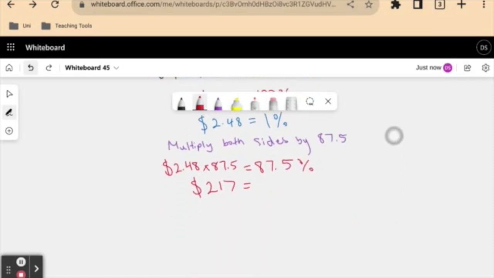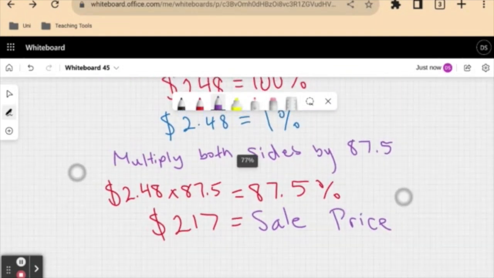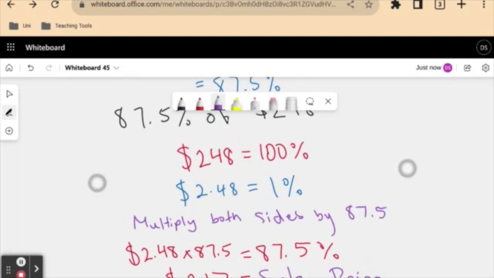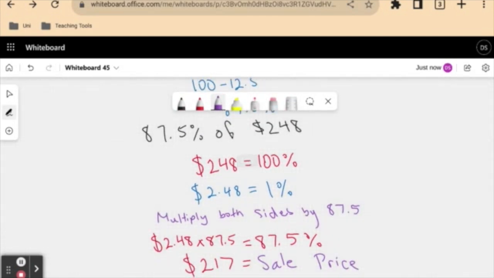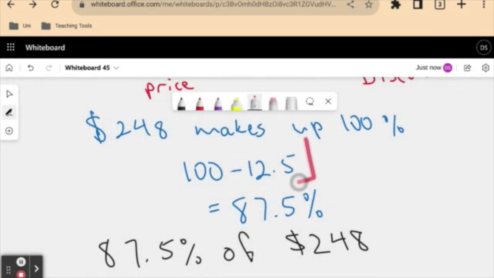And the price we found here is our sale price. We could have also found our sale price, like I said before, by subtracting the discount we got from our original marked price. Or we can just do this more efficient way and just go straight into finding what this fraction of $248 is. This being 87.5%, the difference between our whole 100% and our 12.5% discount.